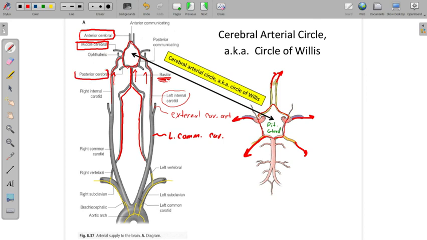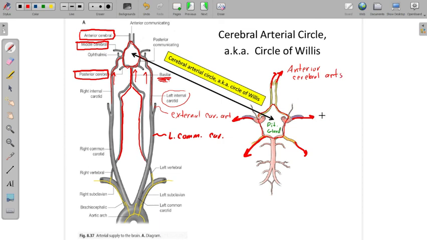That's pretty easy. Anterior, middle, and posterior. So back on the right, these would be our anterior cerebral arteries. Getting the frontal lobe of the cerebrum.